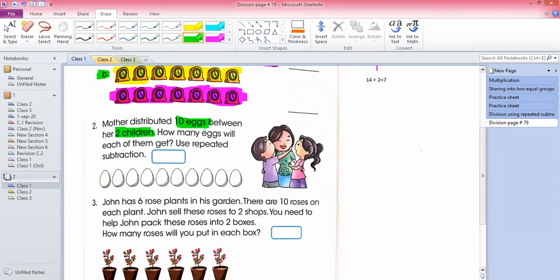So 10 eggs between two children, that means you have to share into two groups. How many eggs will each of them get? Again, one child will get how many eggs? But here the question said use repeated subtraction, so we will use the repeated subtraction method here.